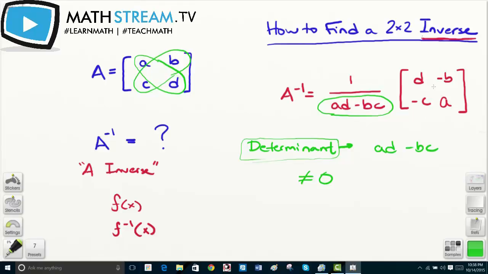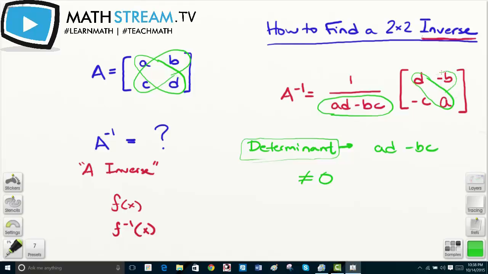Next, if you notice over here, the pattern is that each element is switching in one way, and it works along the diagonals. Looking at the left-right diagonal, a and d, the first thing that switches is the position of a and d. So d moves to where a was and a moves to where d is. That's how you find the inverse on that diagonal.